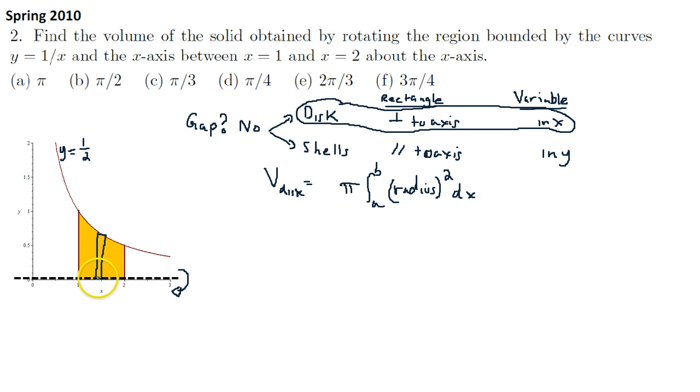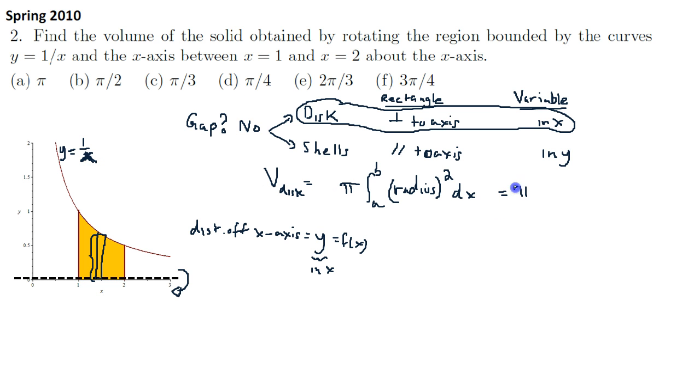What's this radius? The radius is this height up to the function here. It's the distance off the x-axis, and that's y. But since we're in x, we have to put f of x. And that f of x is your function, 1 over x.